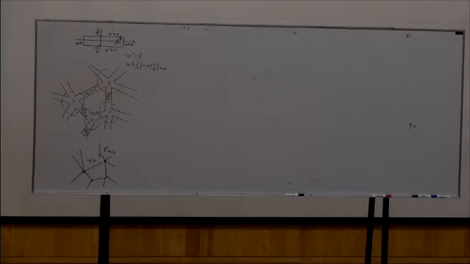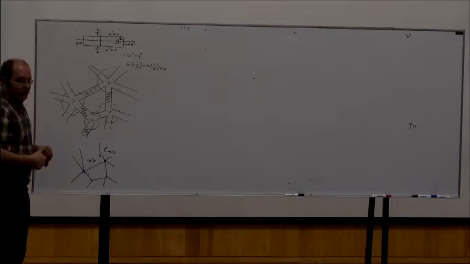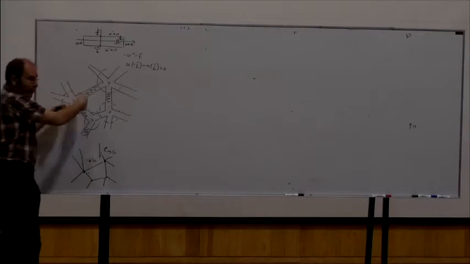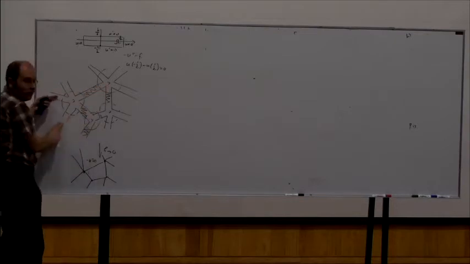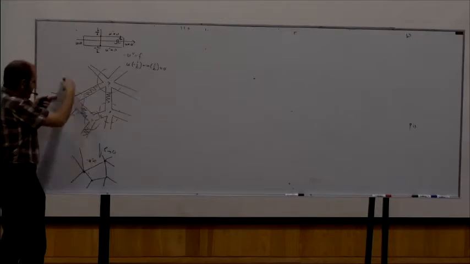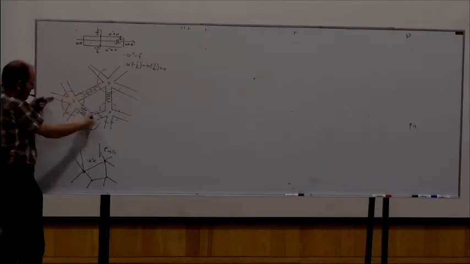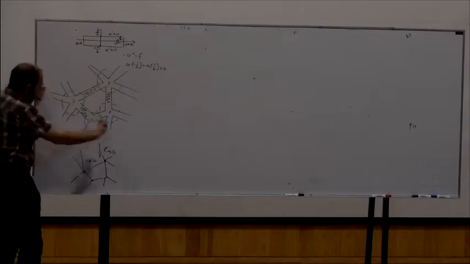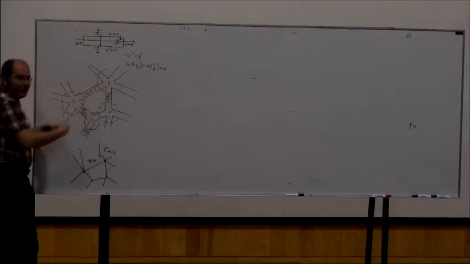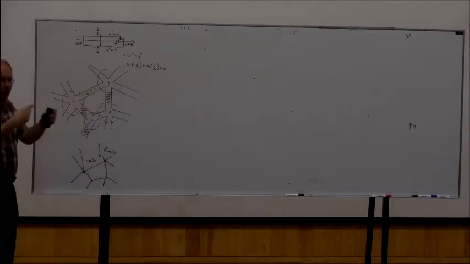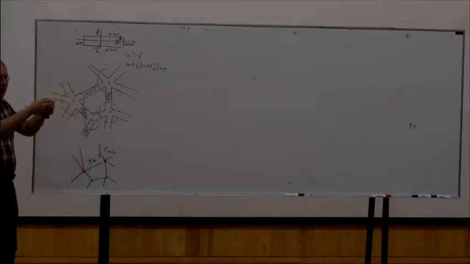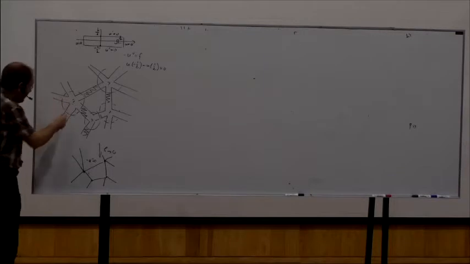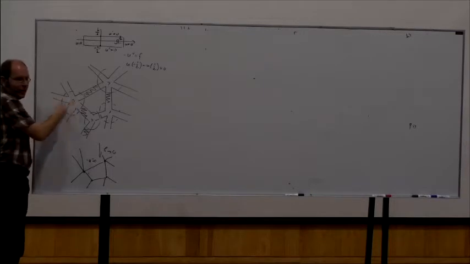Okay? So there will be diffusion flow, diffusion along these channels, and then the diffusion along each of these channels will be tied together in some manner to solve the whole problem.